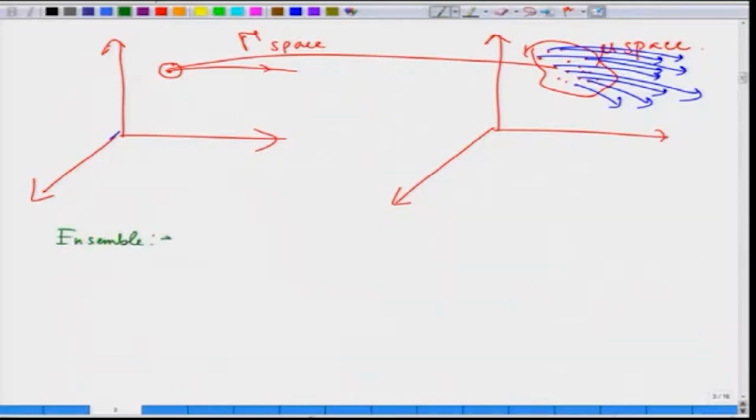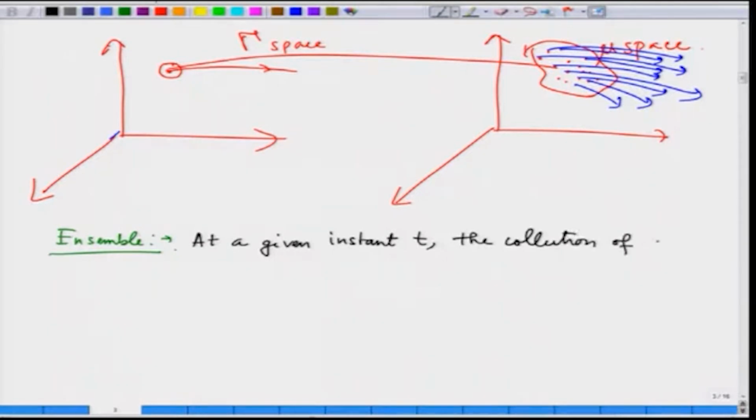So, the concept of ensemble is that you can basically assume that at a given instant t, ensemble is nothing but the collection of all the possible states of the system.